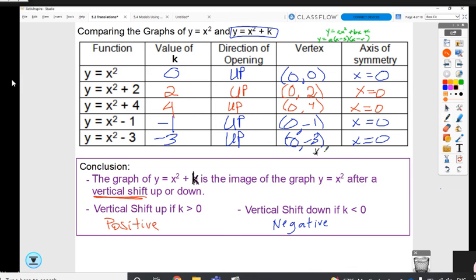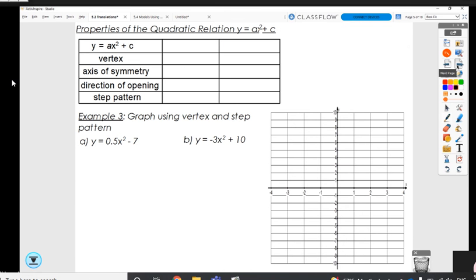Okay. Now, let's have a look here. Properties of the quadratics, y equals ax squared plus, this last term here. We know in standard form we called it c, yes? Or we should change this to k. We want k here. So when this a value is positive, the vertex is going to be 0 and whatever that k value is, that last term.